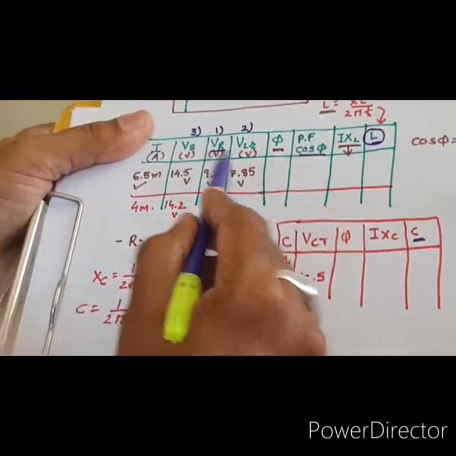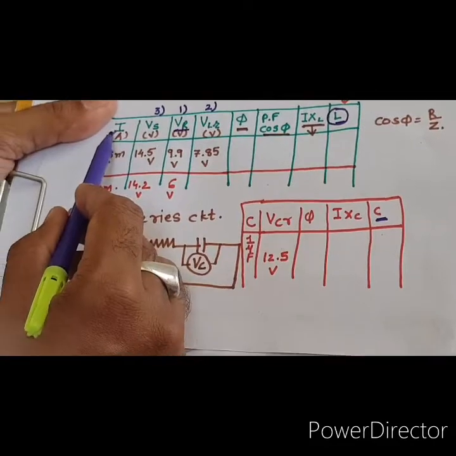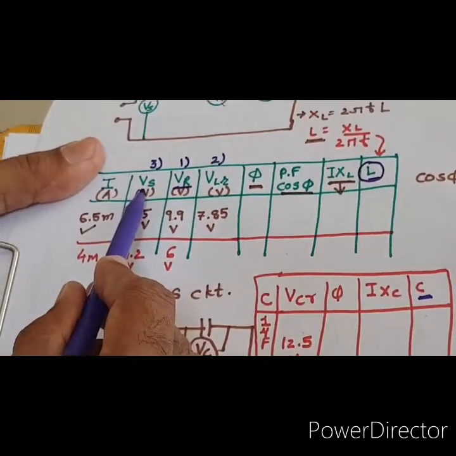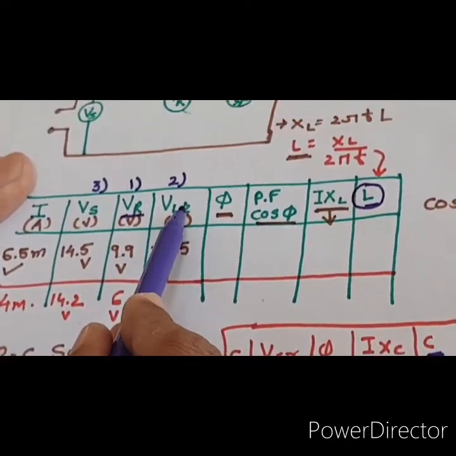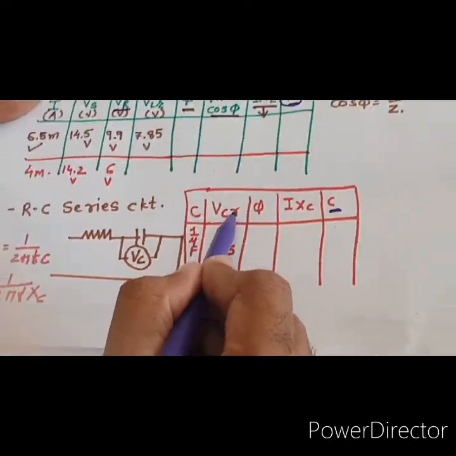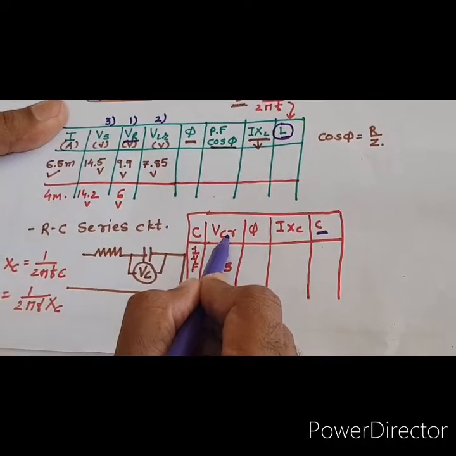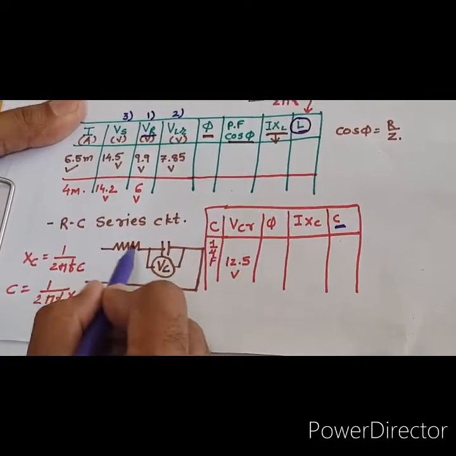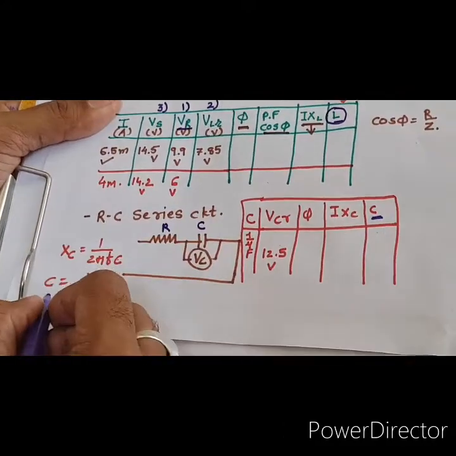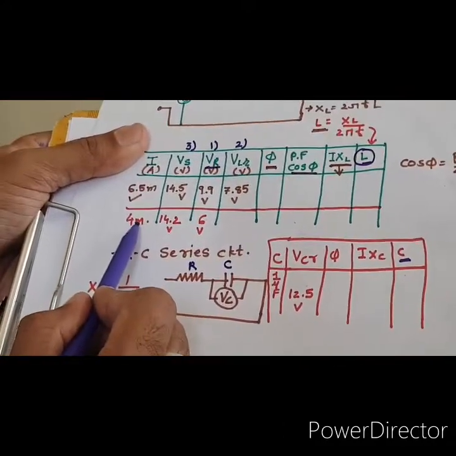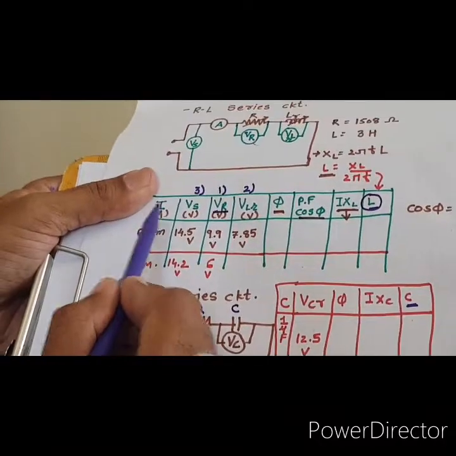In this observation table, the current is the same, Vs is there, VR is there, but VLR is now replaced with VCR. Here, this is our R, this is our C, and 4 milliampere is our value of current.